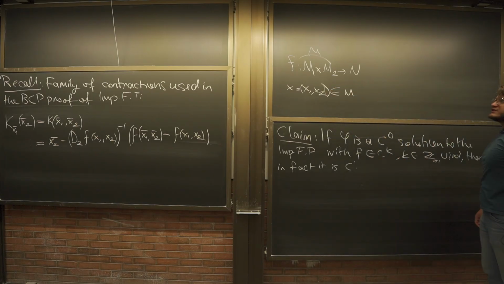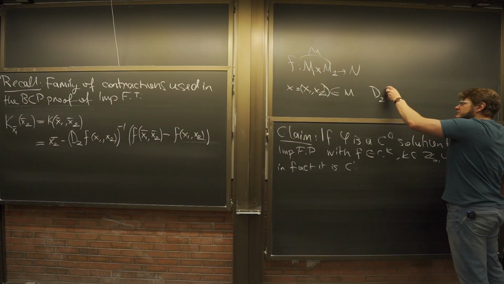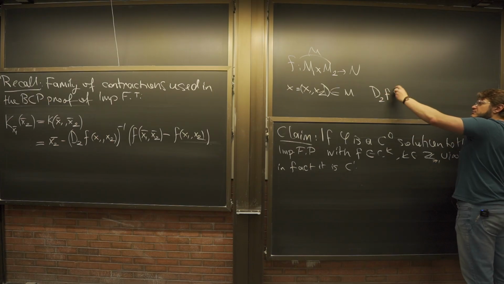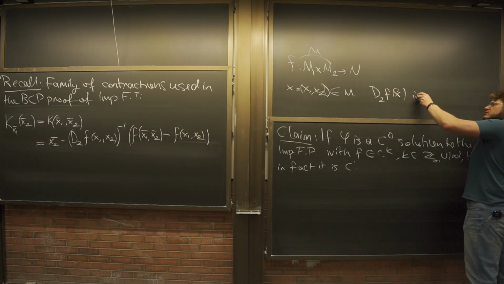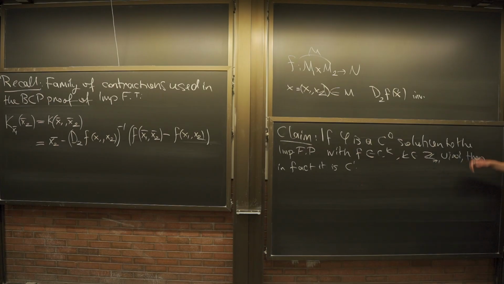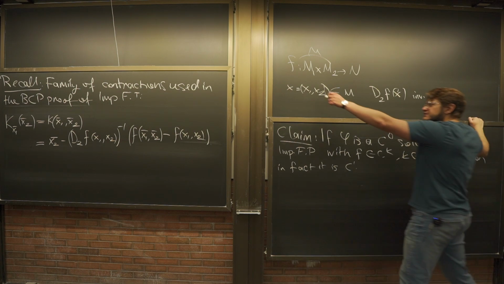And the assumption was that the vertical partial, so the second partial, at this given point is invertible. And what we wanted to do is write the second component as a function of the first component, at least near this initial condition.